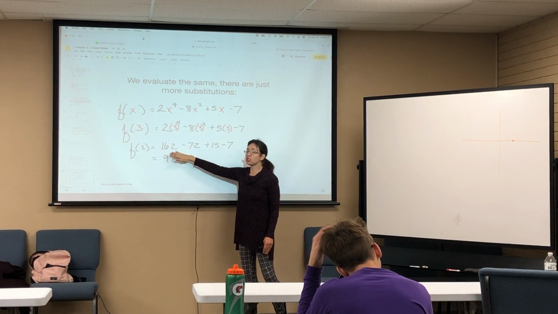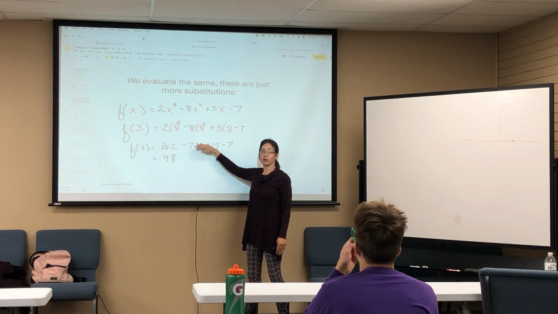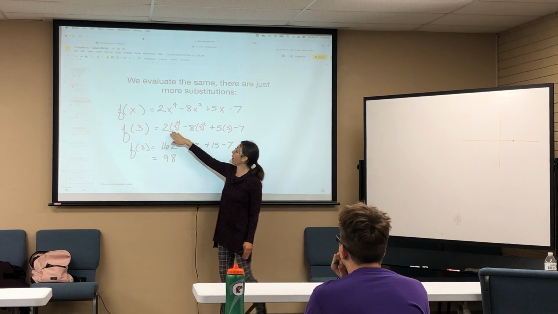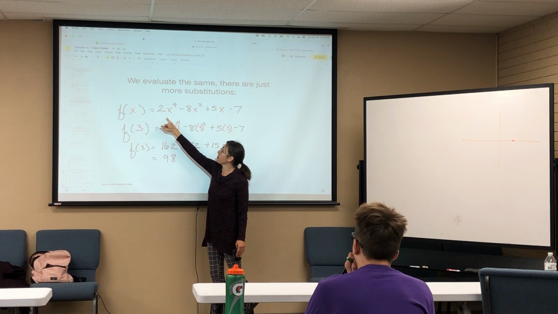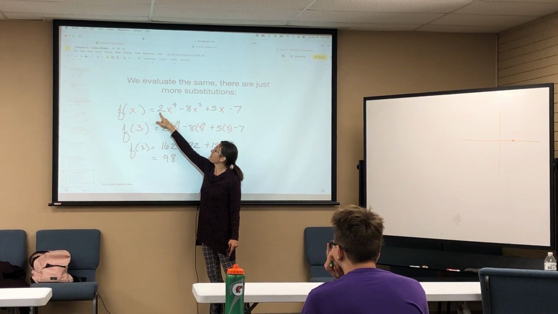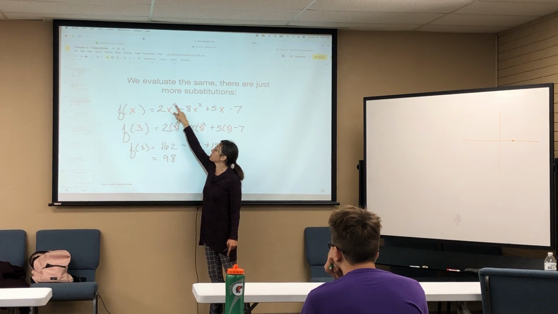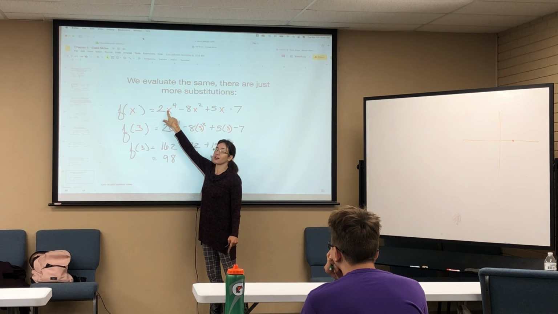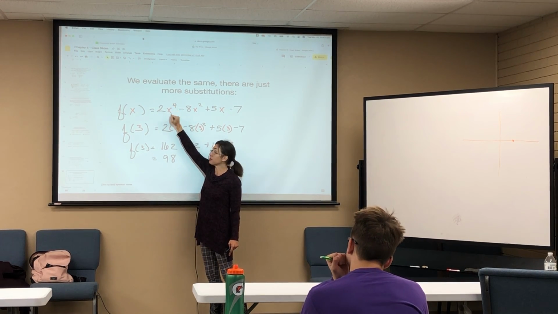All right? It just starts getting complicated, right? We've got lots along the way. One of the number one things that ends up being complicated is if you have a negative number in front. So if I had a negative 2x to the fourth and I'm plugging it in, often the negative gets included in the exponent.